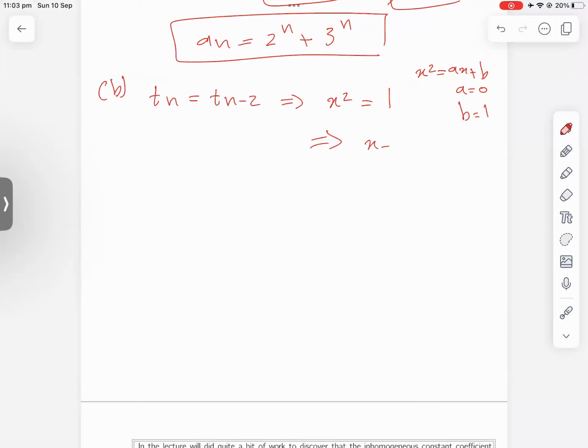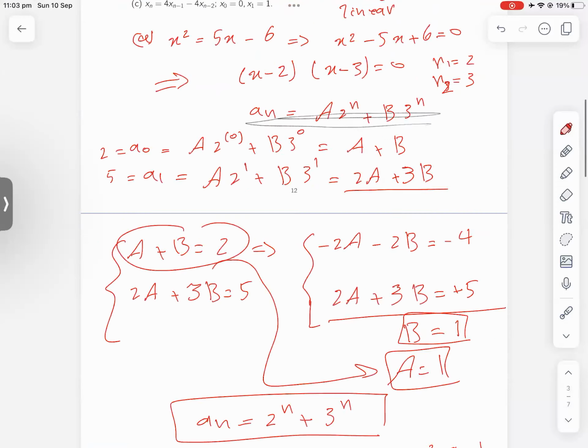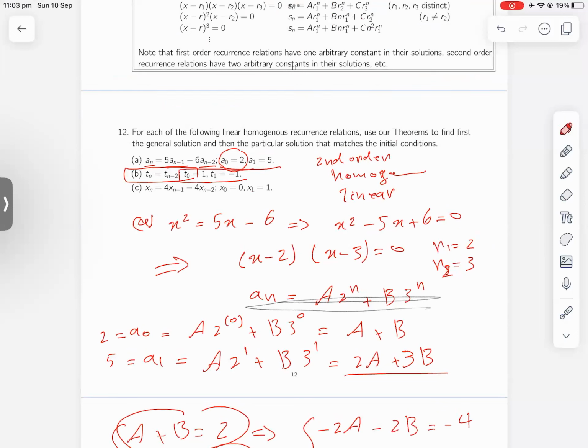From here, x is equal to plus or minus 1. So you can continue like previously. This will be T_n equals a times 1 power n plus b times minus 1 power n, so a plus b times minus 1 power n. You can find a and b by using the initial conditions t0 and t1.